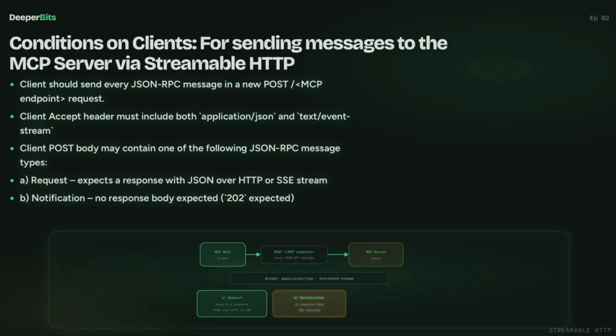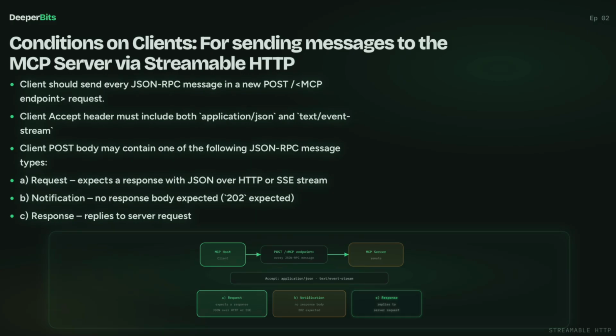And the third type is called a response. What it means here is, let's say the server has sent something to our MCP host via SSE, and the server says I want this, and then your client is responding with the reply. So that is called a response, right?